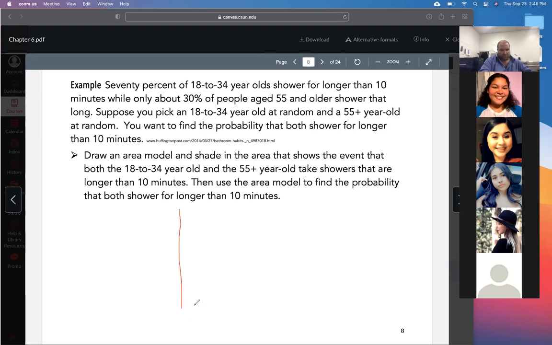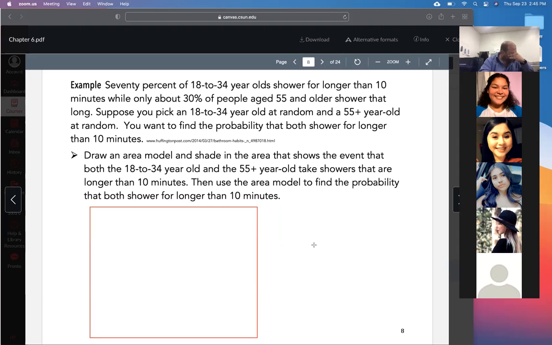So what are your two axes? Hold on. What am I doing here? Well, actually, you know what? I can do this. Okay, so what were you saying again? That one side is, say, the x side is 18 to 34-year-olds. Okay, that's my 18 to 34-year-old. And this is my 55 plus. Now what?